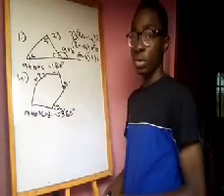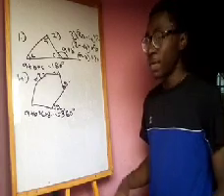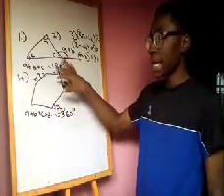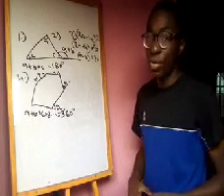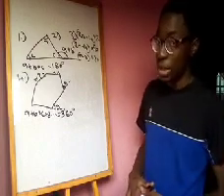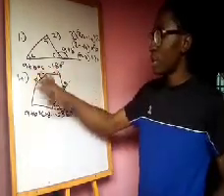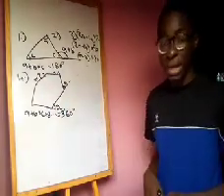So it's equal to 360. What that means is the sum of the exterior angles, which are outside the convex polygon, and the convex polygon is one that does not have any angle greater than or equal to 180. So anytime you have such a polygon, the sum of the exterior angles will be 360.